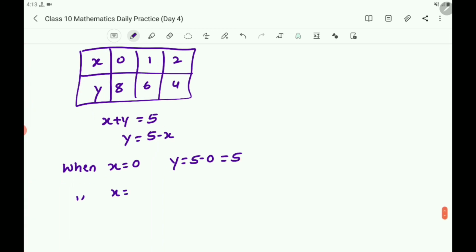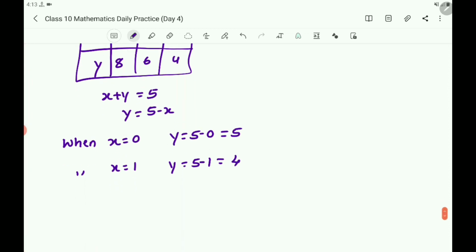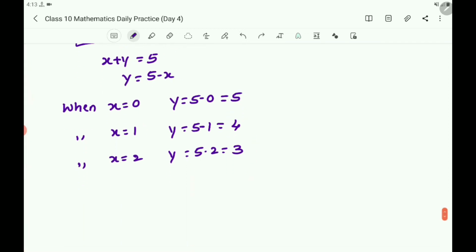When x equals 1, then y equals 5 minus 1, equals 4. When x equals 2, then y equals 5 minus 2 equals 3. So for 0, 1, 2, you got the corresponding values 5, 4, 3.